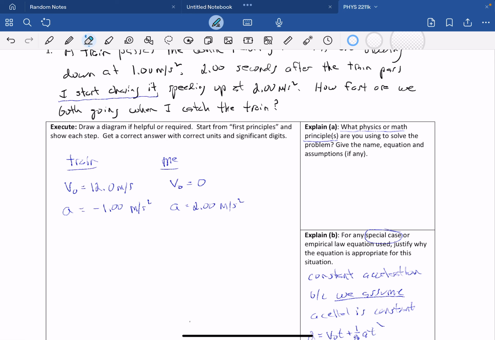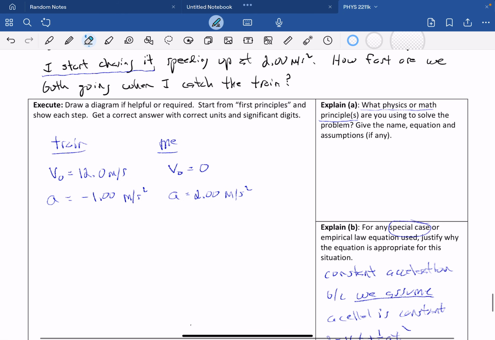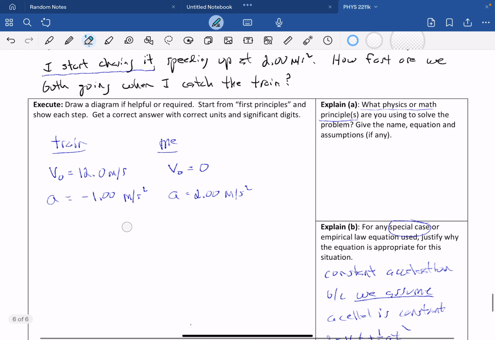So what else do I know? The 2 other things I know is that the displacement of the train and the displacement of me are the same. So displacement 1 is going to equal displacement 2. The displacement of the train is going to be the same as my displacement. So that seems important.